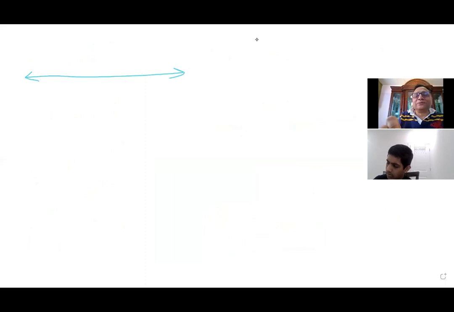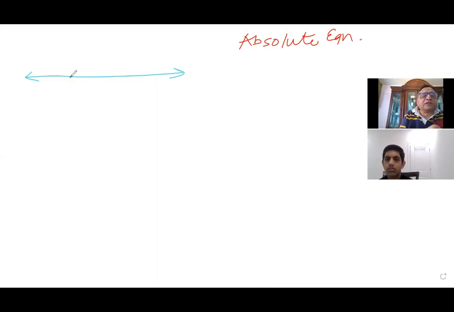Is that clear to you? So here we'll write the absolute equation for now. We could extend it to inequality also. So let us say I'm showing a solution which is this. This is minus 10 and that is plus 10. So what is the equation? Tell me. Absolute value of x is equal to 10.